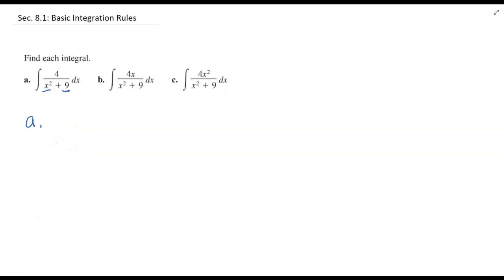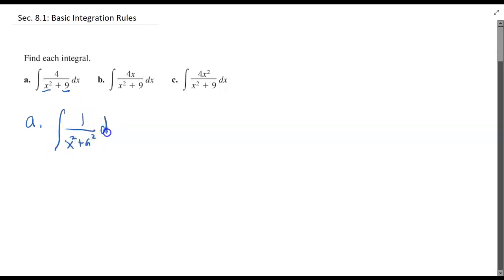The rule for that is the integral of 1 over x squared plus a squared dx is 1 over a arctan of x over a plus c.